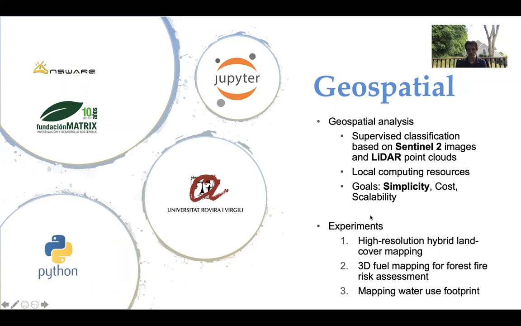They have several experiments that we implemented on serverless technologies, like high-resolution hybrid land cover mapping, 3D fuel mapping for forest fire risk assessment, and mapping water use footprint in a region with climate change problems and water scarcity. So these results are important and applied to real use case scenarios. These three use cases have been presented as success stories to BDVA association.